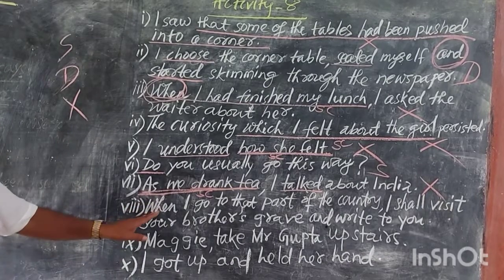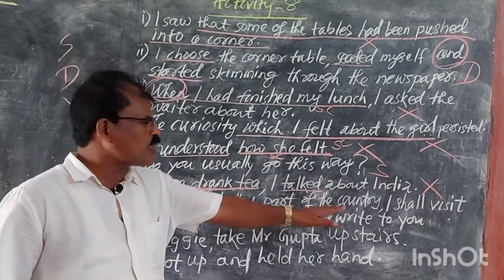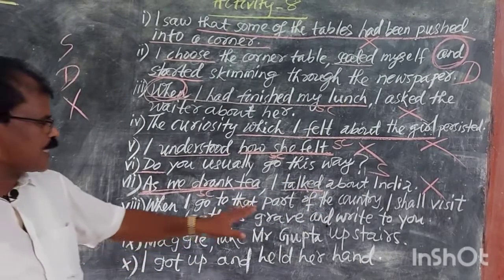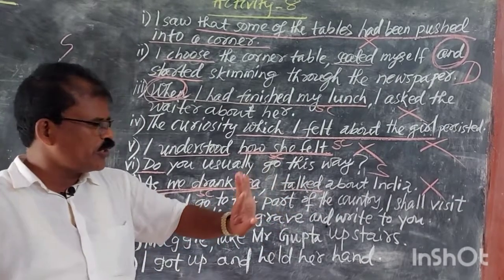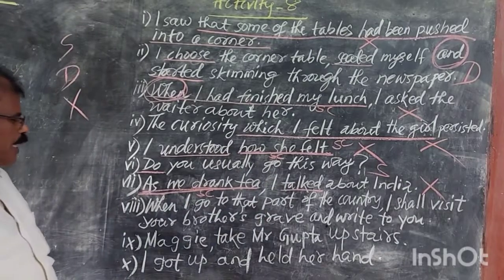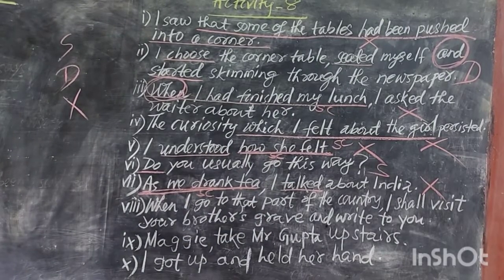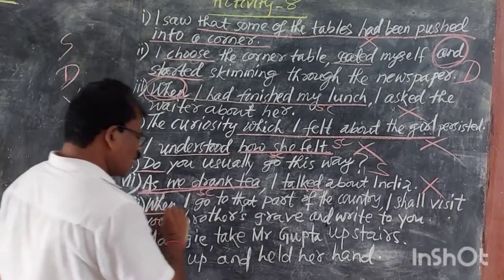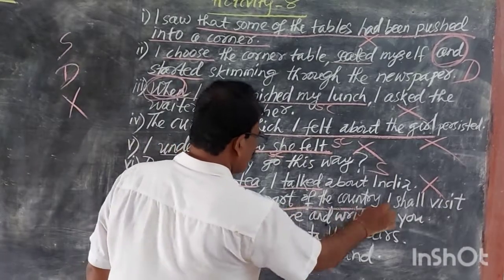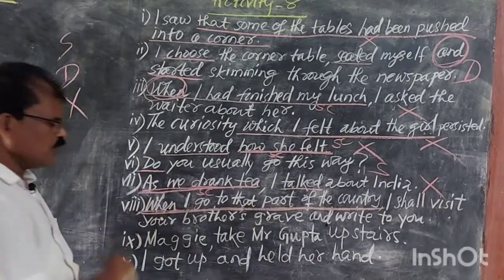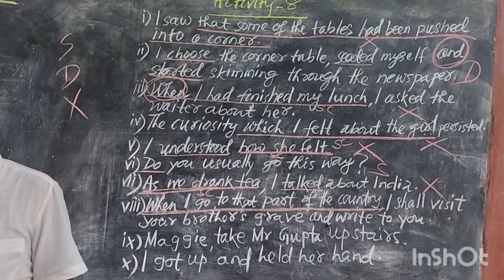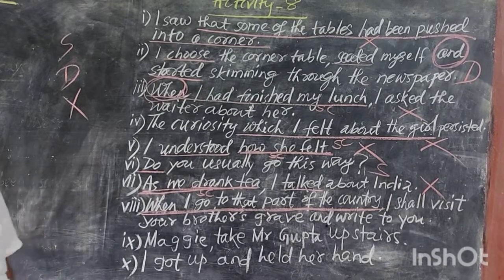Okay. When I go to that part of the country, I shall visit your brother's grave and write to you. Okay. So how many clauses are there? When I go to that part of the country. What type of clause is it? Subordinate clause.